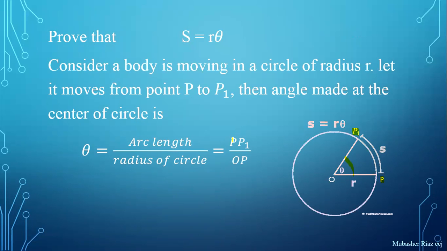Here arc length is P to P1 and the radius of the circle you can write either OP or OP1, because O to P as well as O to P1, this is the radius of the circle. Finally, theta becomes equal to S over R, which can also be written as S equal to R theta.